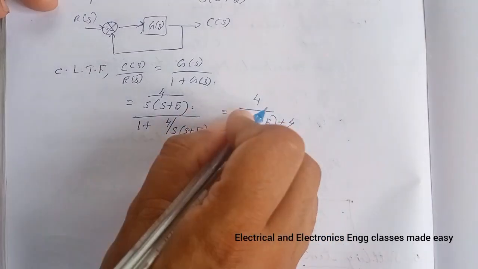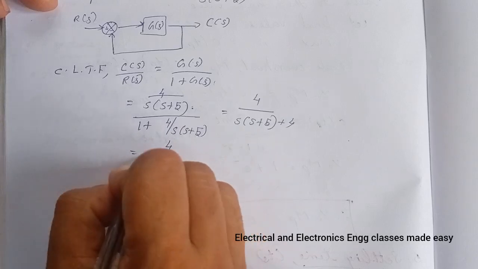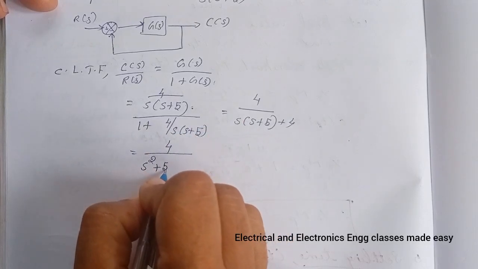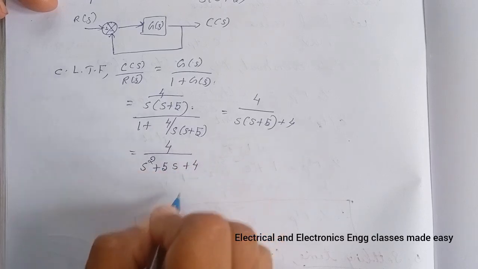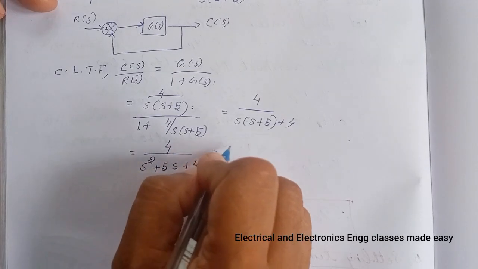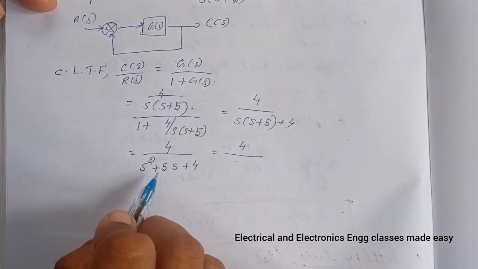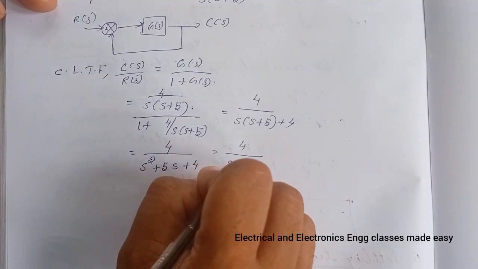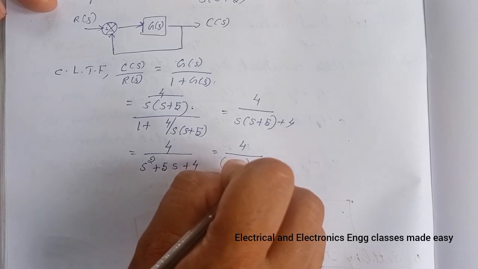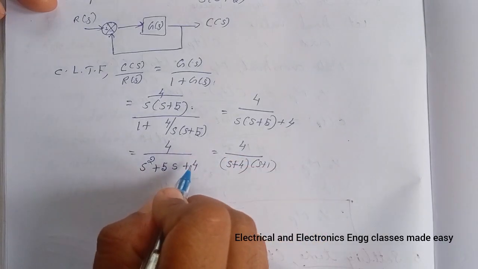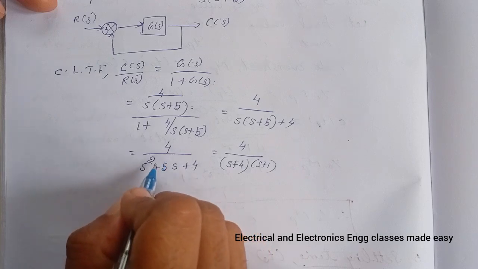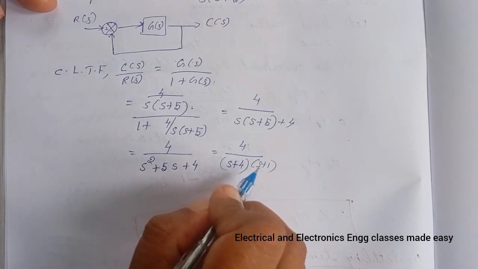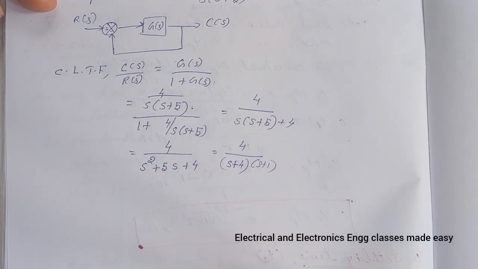Now we get 4 divided by s square plus 5s plus 4, and that is equal to 4 divided by, and this we can factorize like (s plus 4) into (s plus 1), because multiplying we get 4 and adding we get plus 5, so that is (s plus 4) into (s plus 1).